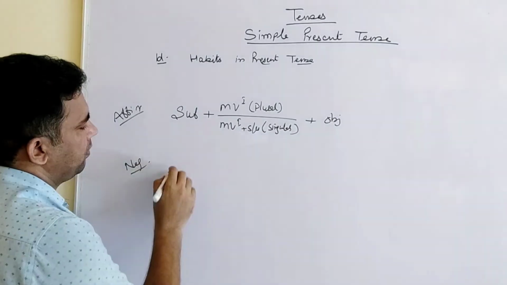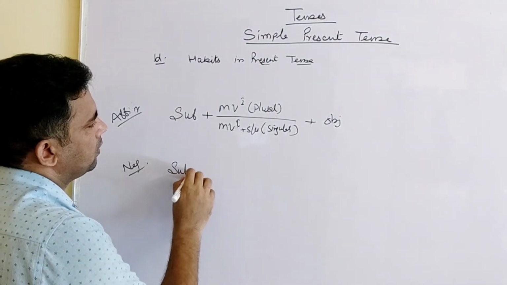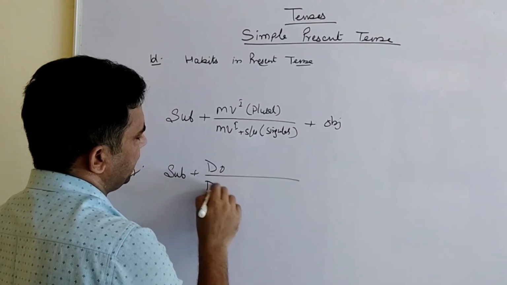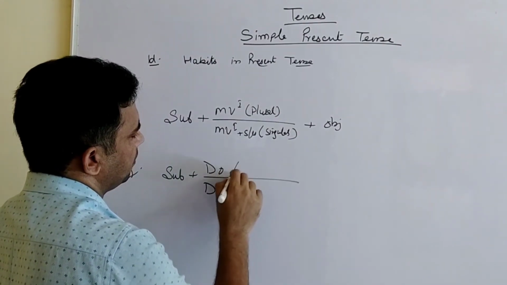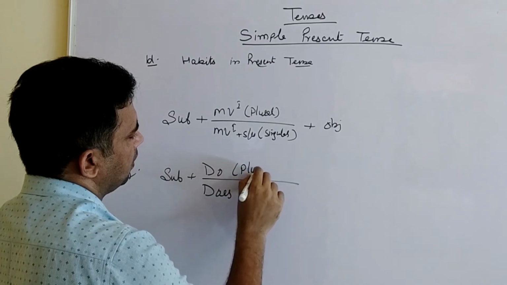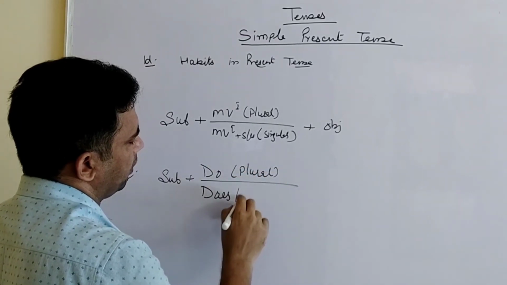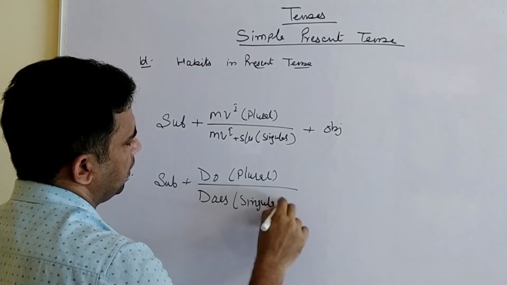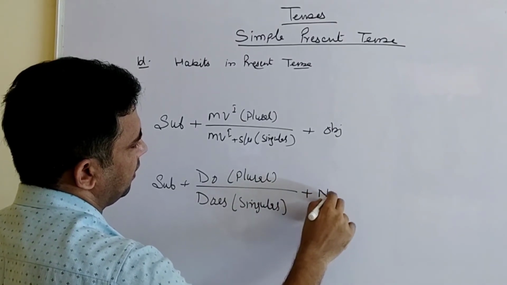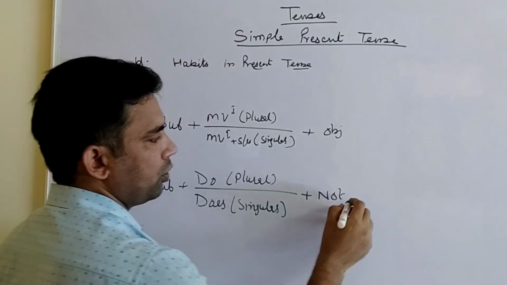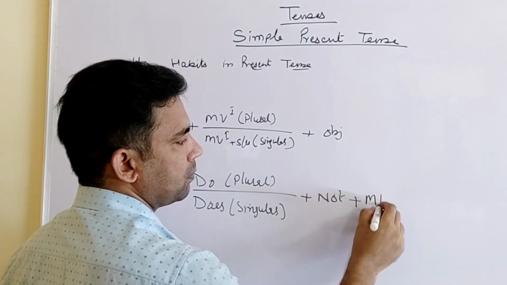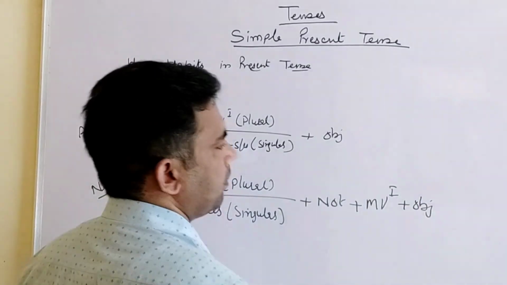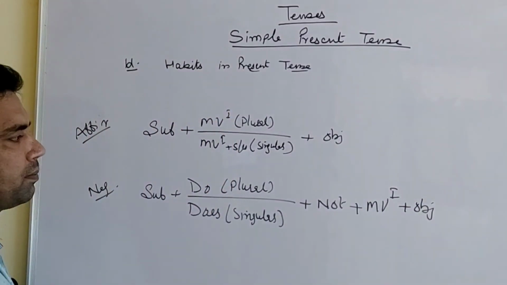If we have a negative: subject plus do or does, do for plural, does for singular, plus not, plus main verb first form, plus object, right?